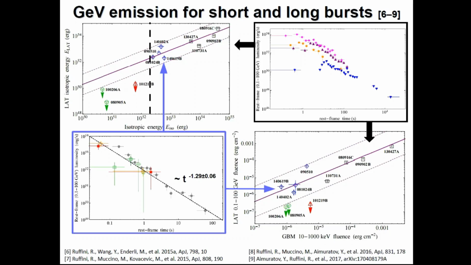So this plot shows that only sources, long and short GRBs, with energy larger than 10^52 ergs exhibit high energy emission.